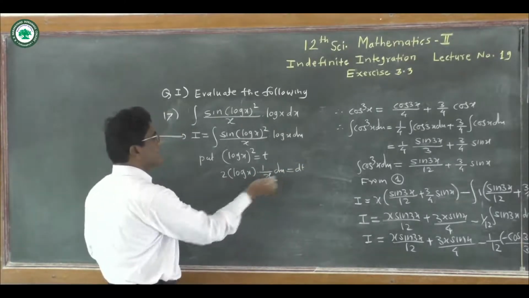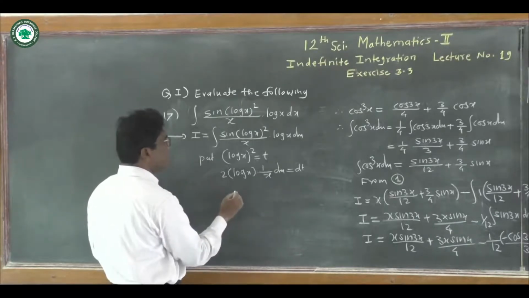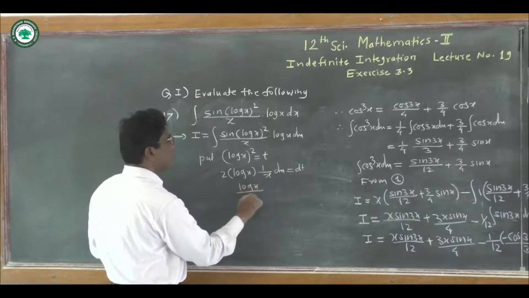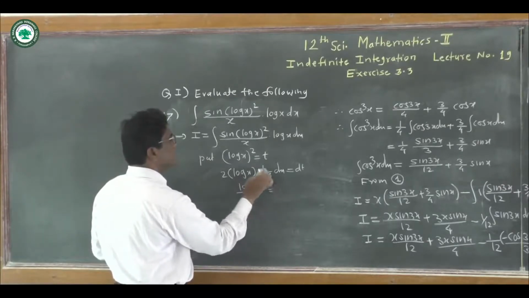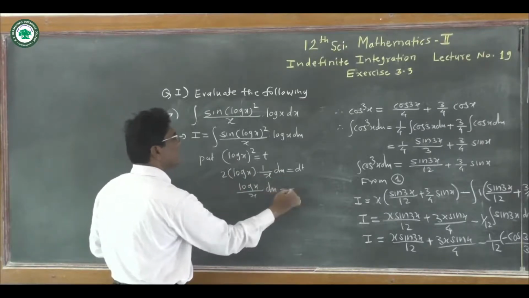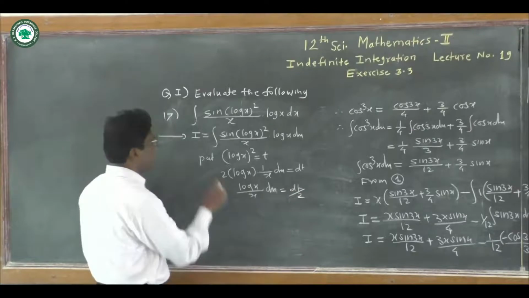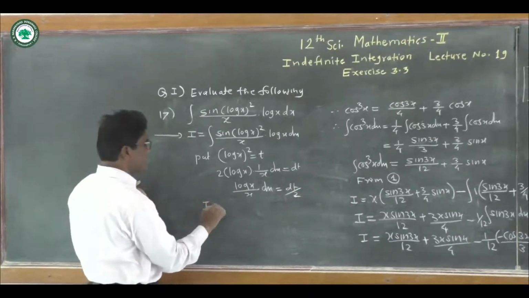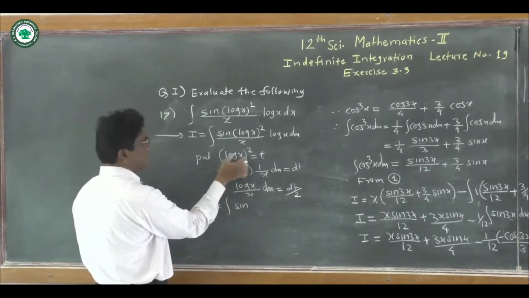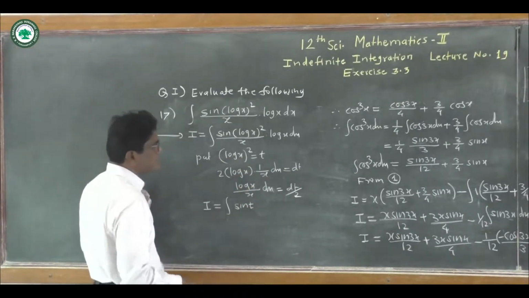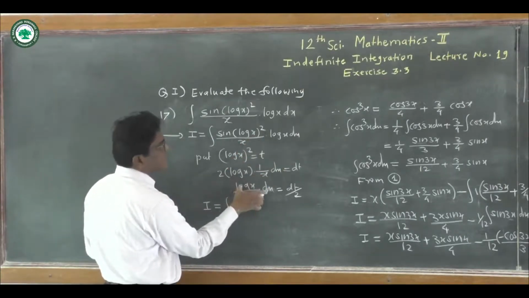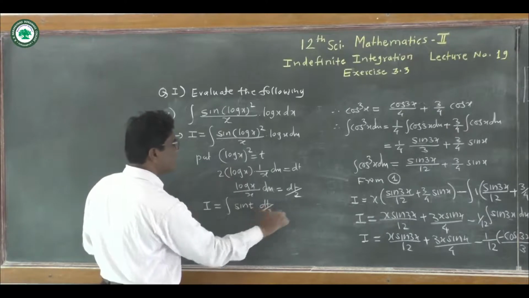So we write dx, and now carry this 2, so we get log x upon x into dx is equal to dt upon 2. And now the required integral I becomes the integration of sin t, and this 1 upon x log x dx is dt divided by 2.